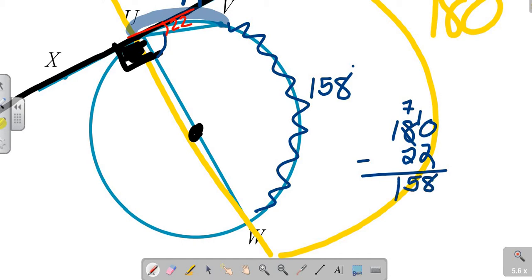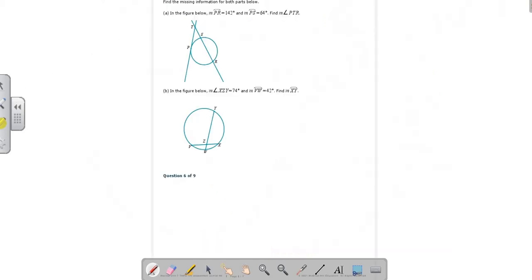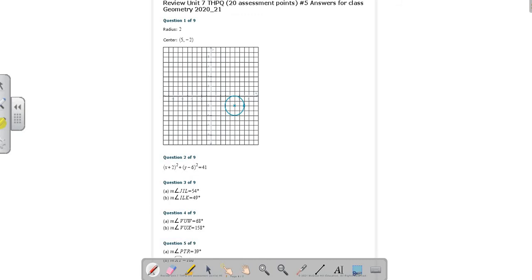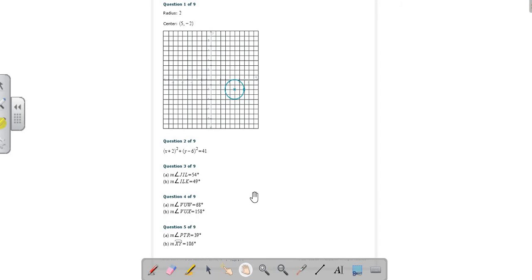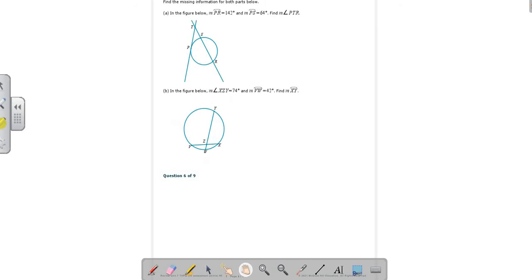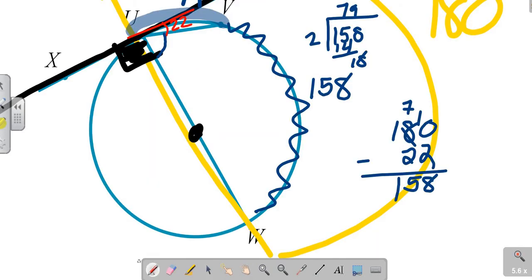It's going to be half of 158. Makes this 79.